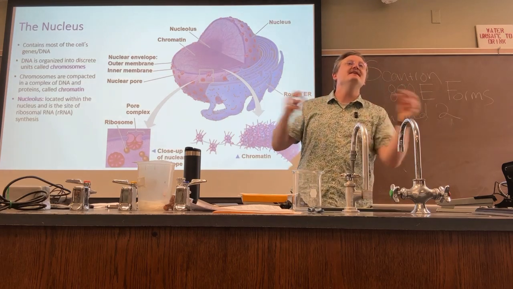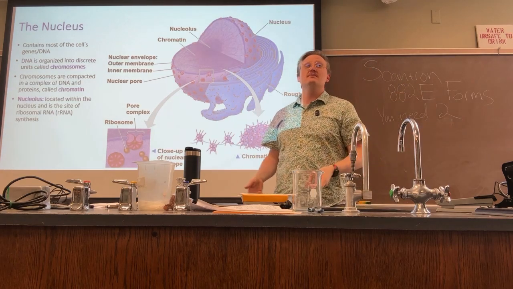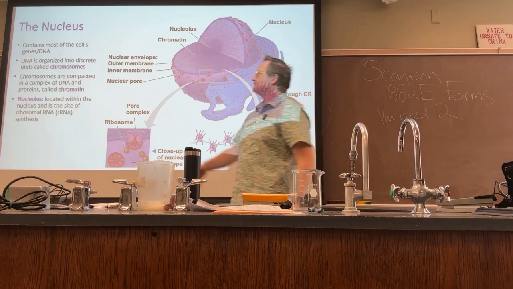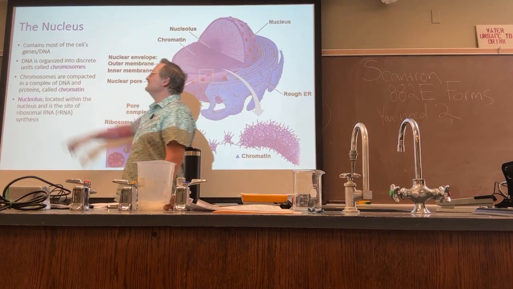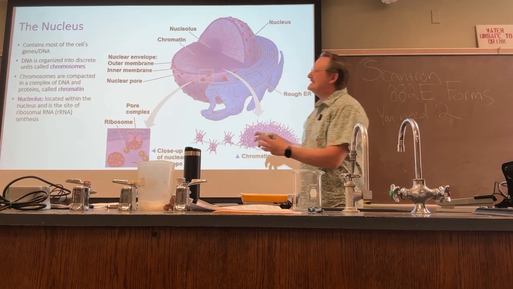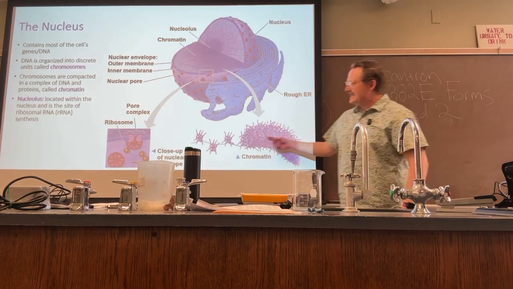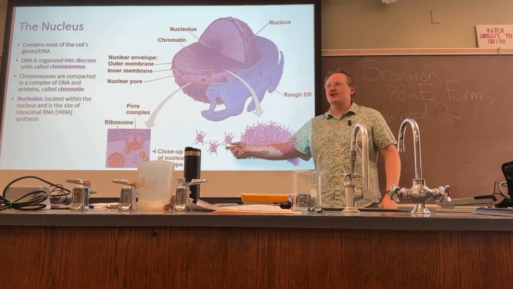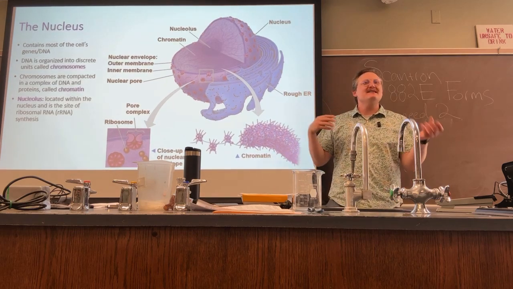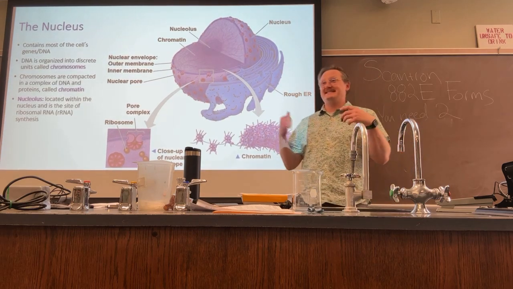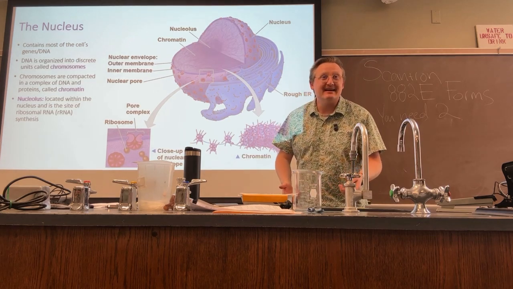Each discrete unit is called a chromosome. Chromosomes get compacted down. The DNA gets wrapped around these proteins. The DNA and protein complex is called chromatin.